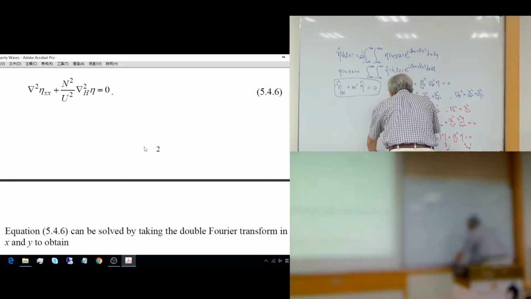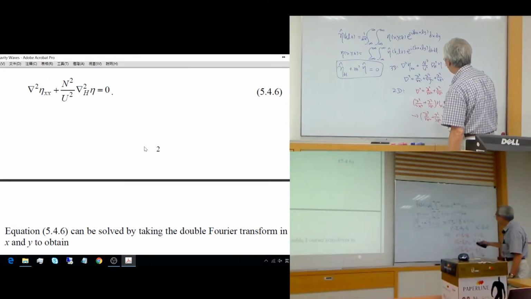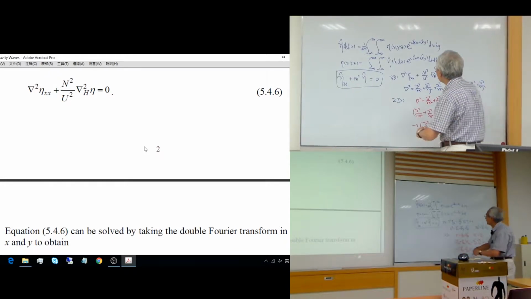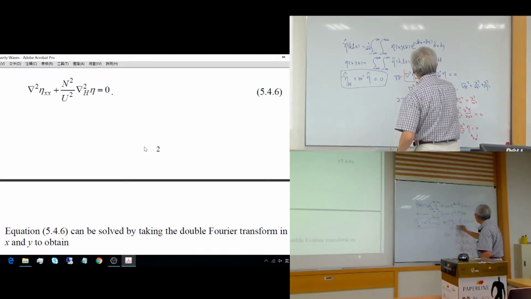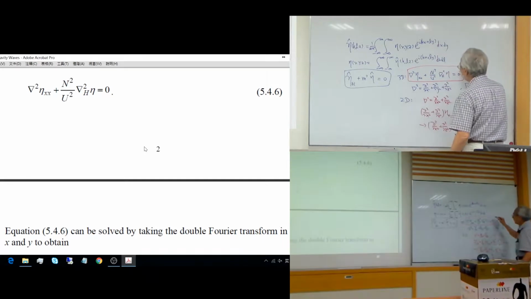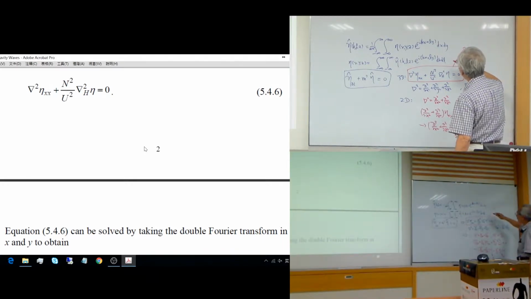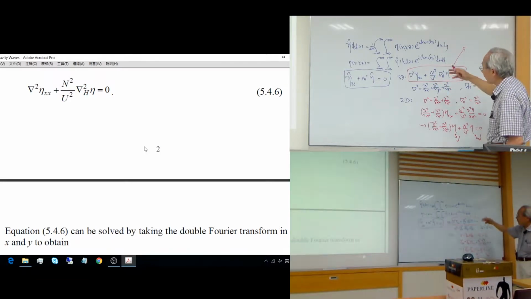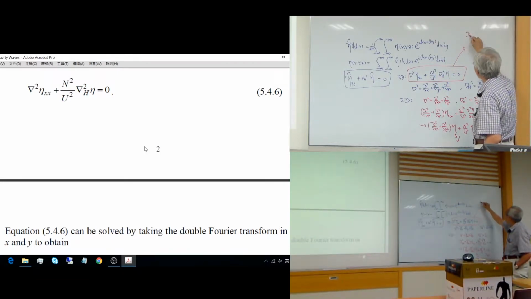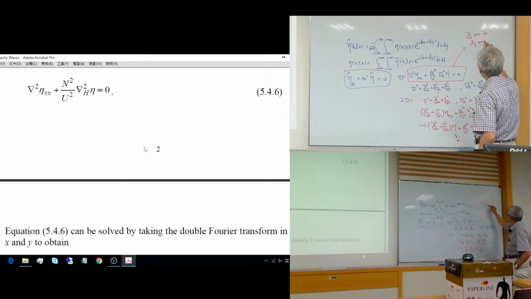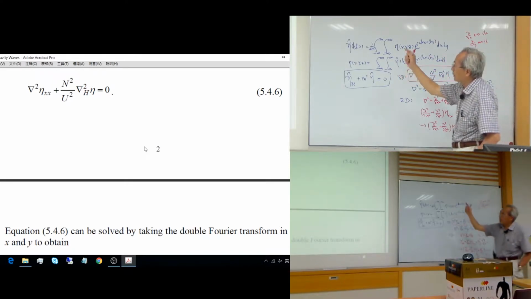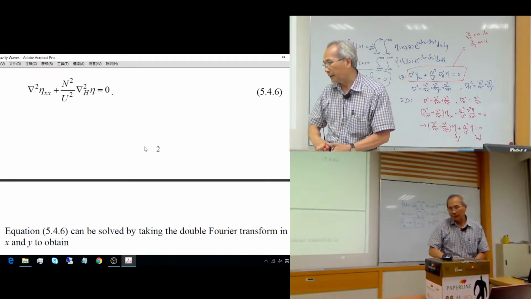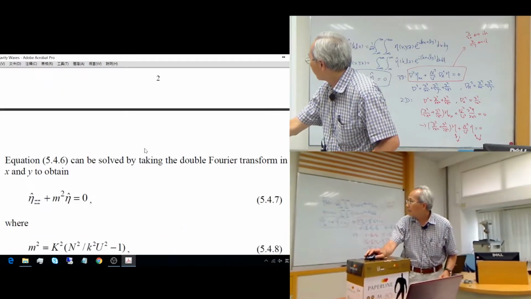Then, if we have this, then as I said before, a shortcut to get the Fourier transform done is by taking partial x corresponding to ik, partial y corresponding to il, and then that will easily reduce to the next equation.